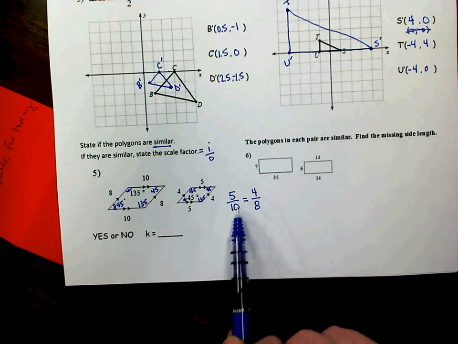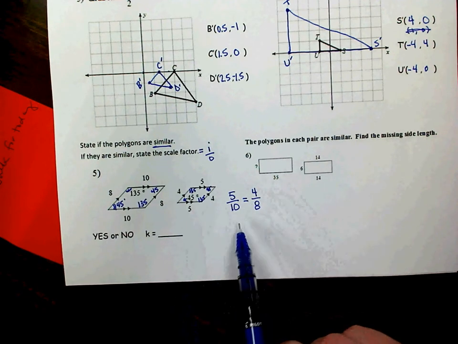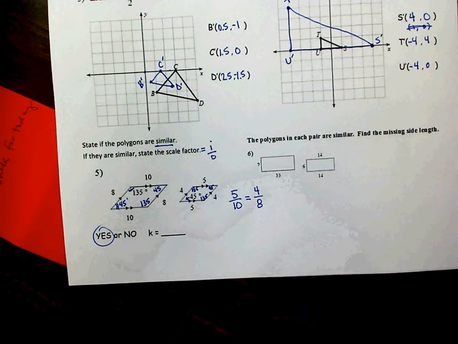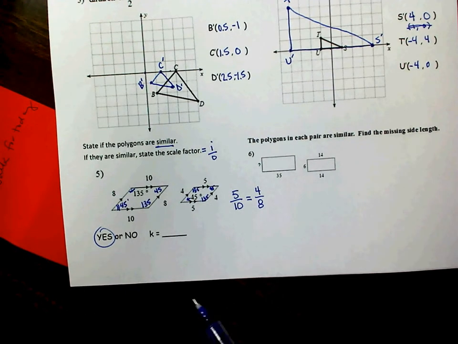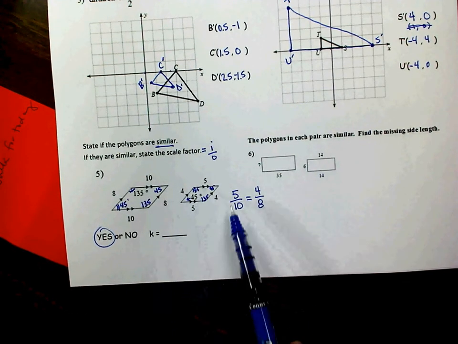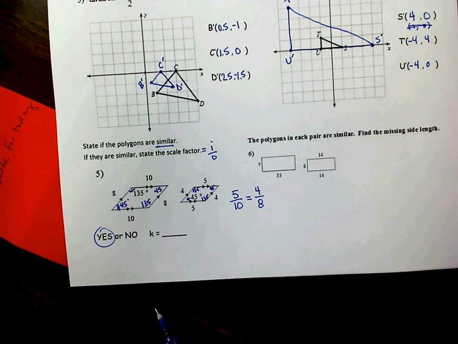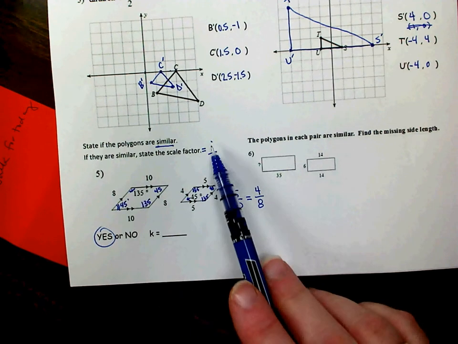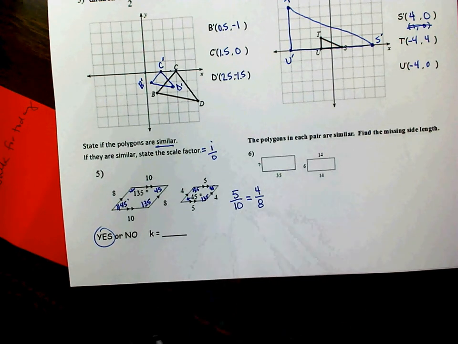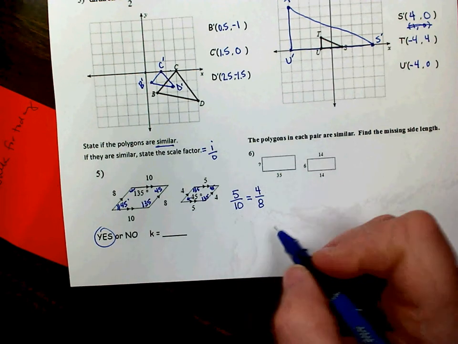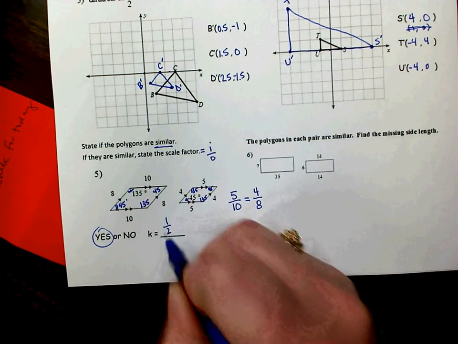So either way, yes, my two figures are similar. The corresponding angles are congruent, the corresponding sides are proportional. My scale factor, since I already have these written as image over original, I would just need to simplify those fractions. So I would write my scale factor as 1/2.